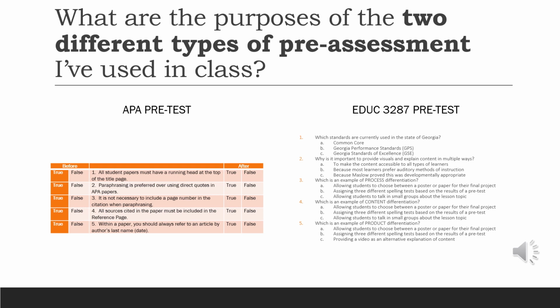I didn't use it to make any decisions about instruction. Remember that formative assessment, which a pre-assessment is one example of, is that you use the data for instruction. I didn't gather the data on that. It was just something I used to get your interest. It was actually a form of differentiation. Just a way to get you interested in the topic and thinking about it and being focused.